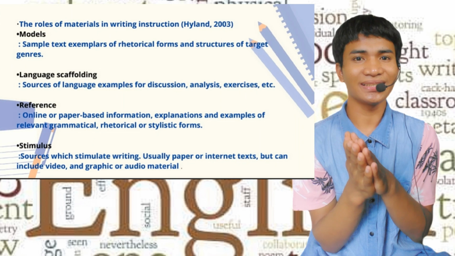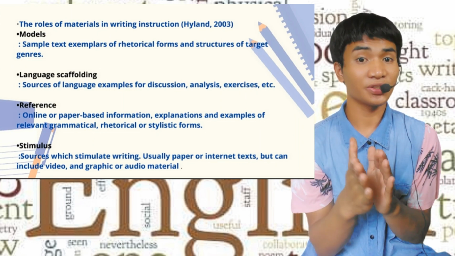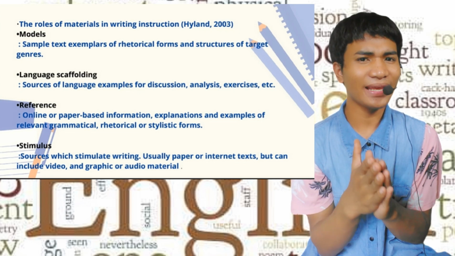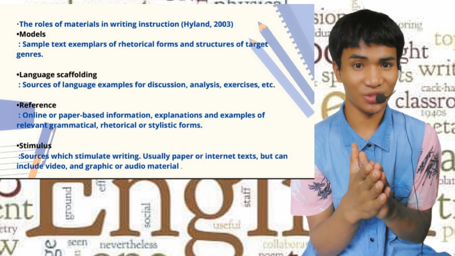The Roles of Materials in Writing Instruction by Hyland, 2003. The first one is models: sample text exemplars of rhetorical forms and structures of target genres.